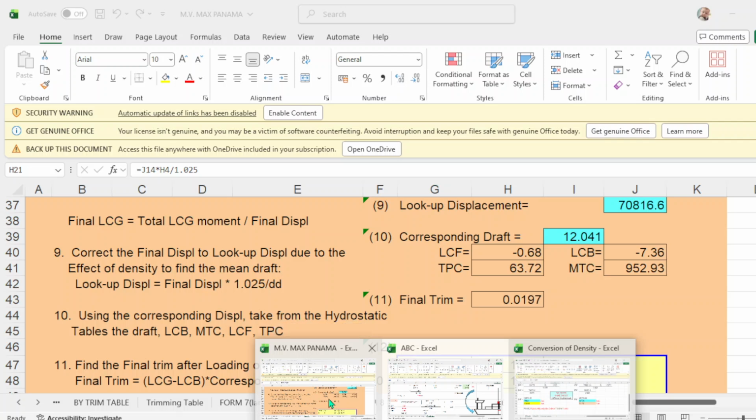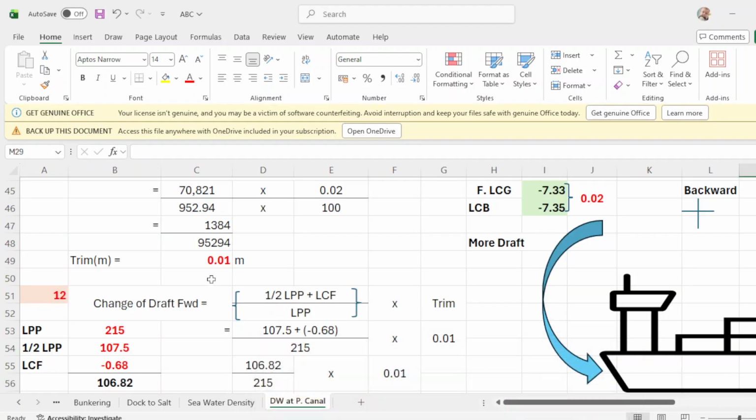Your trim is 1 or 2, and I got 1 here. Then you look for the change of drop, which is number 12.